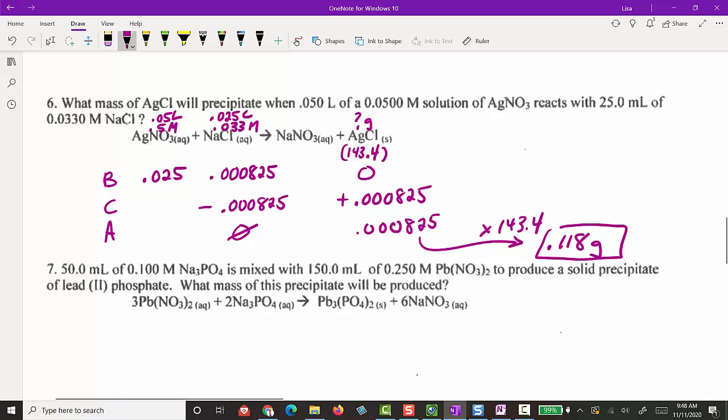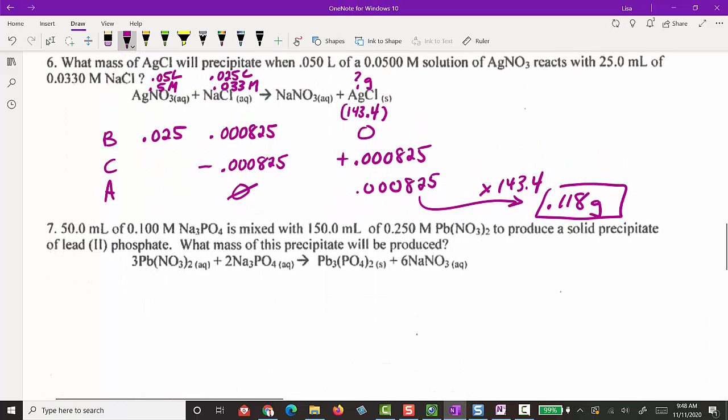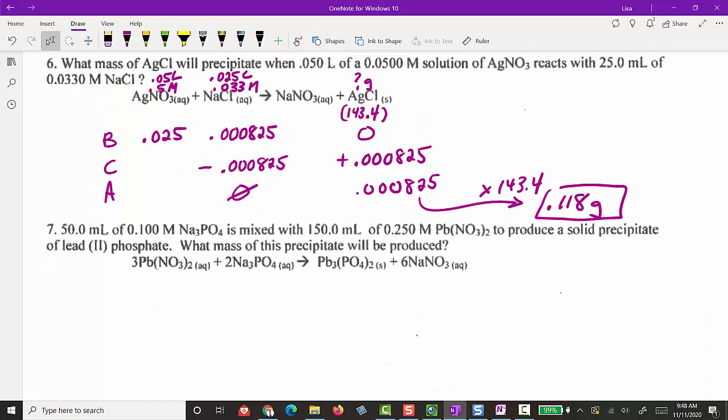All right, let's take a look at another limiting reactant. For this, I'm going to have to write underneath it because I don't have enough room here. So 50 milliliters of 0.1 molarity and 150 milliliters of 0.25 molarity, and it's wanting the grams.